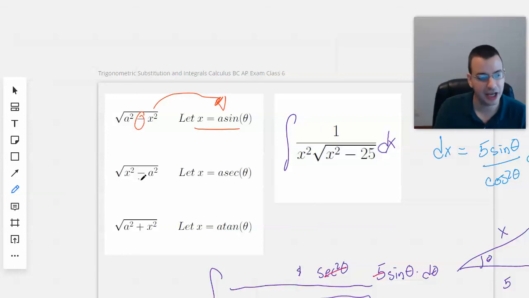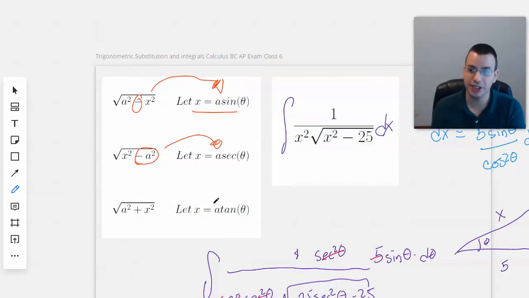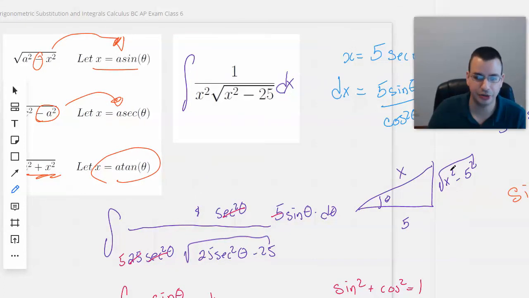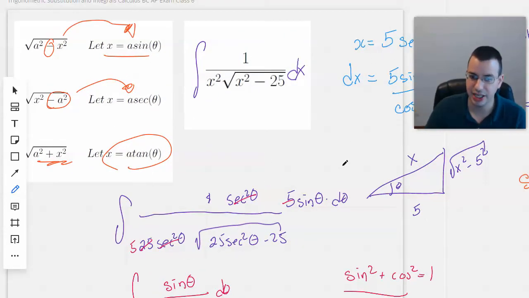If the sign is with the a squared, then it's going to be secant. x equals a secant of theta, where secant is 1 over cosine. And then if they're added together, they're going to be tangent. And that kind of sort of makes sense, because when you start seeing the triangles, you think of the 2 legs of the triangle added together, and that is the tangent.